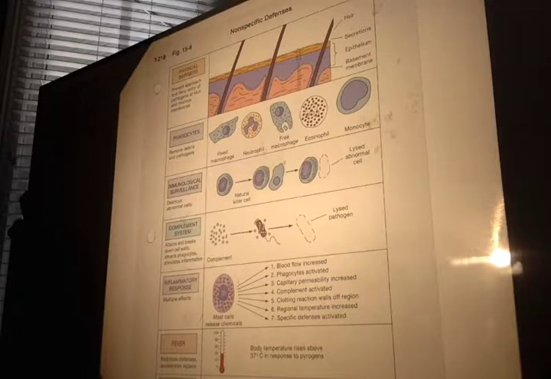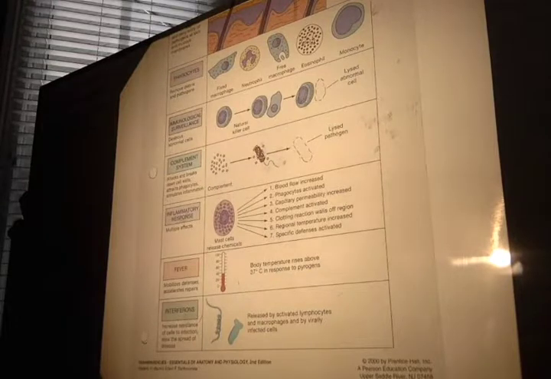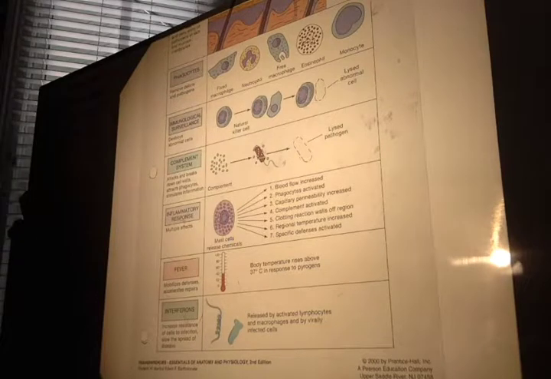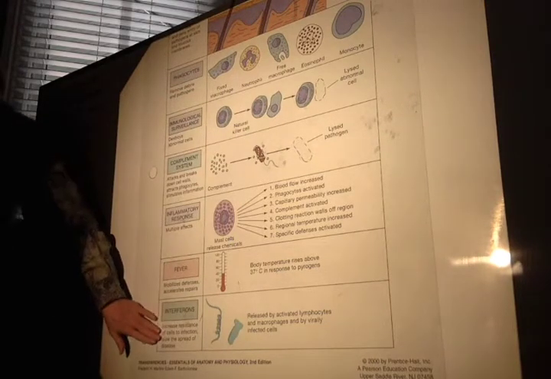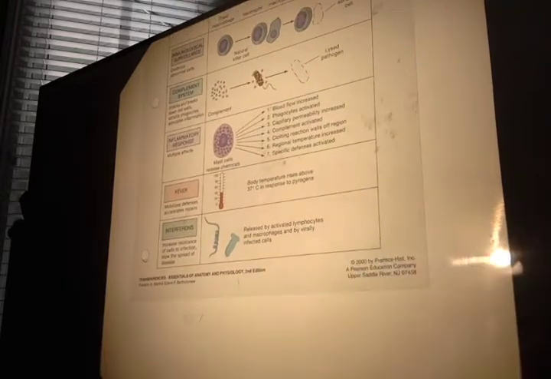Complement takes care of what? Bacteria, sometimes parasites. Is that the only kind of invaders that you can have? Viruses. The other type of antimicrobial protein is the interferons, which is right down here.